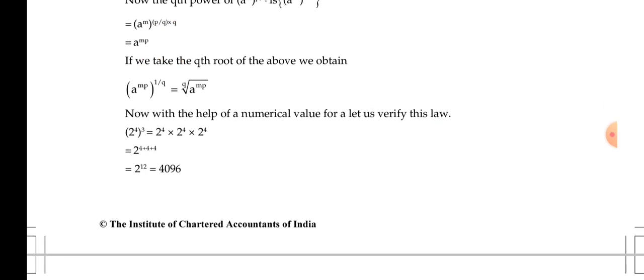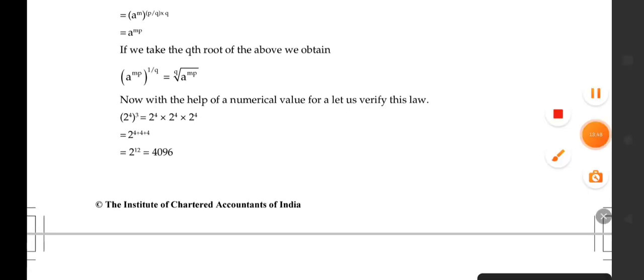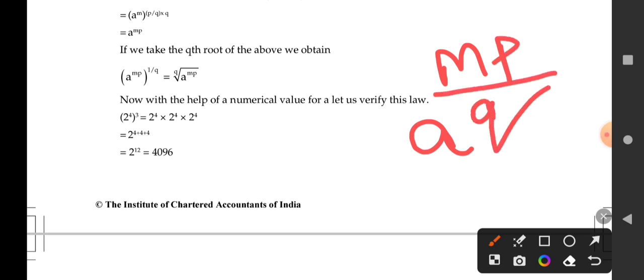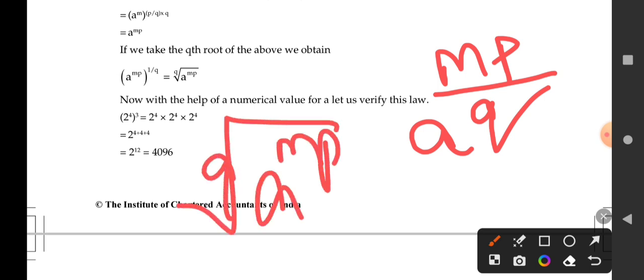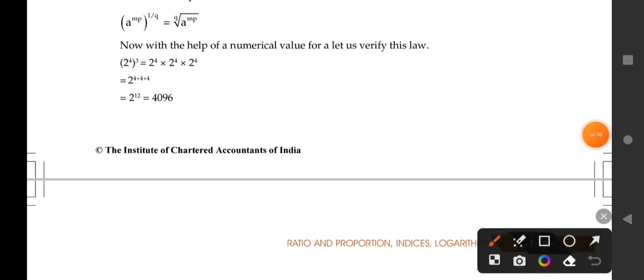Okay. And if we take the qth root of the above, we get, that's what we have already seen, a raised to mp divided by q, that is the qth root of a raised to mp.